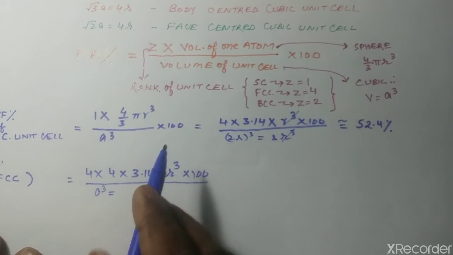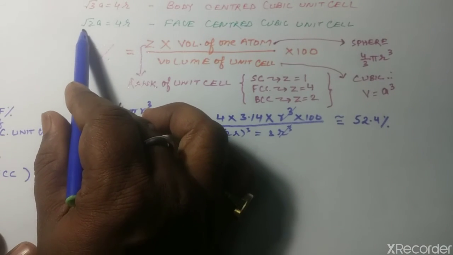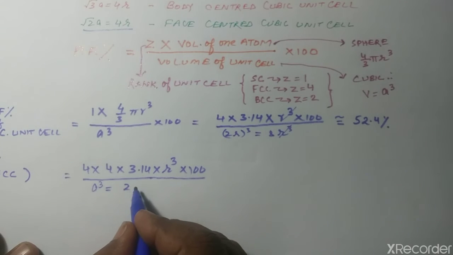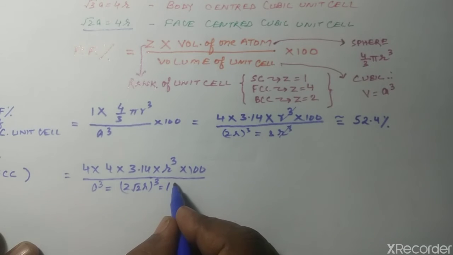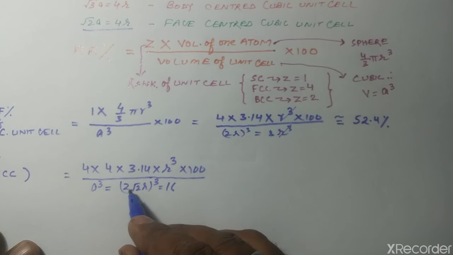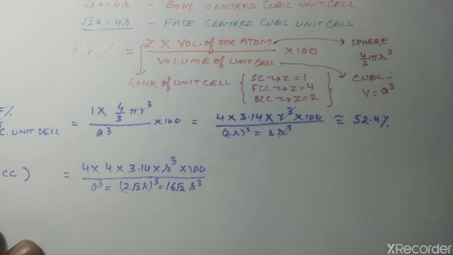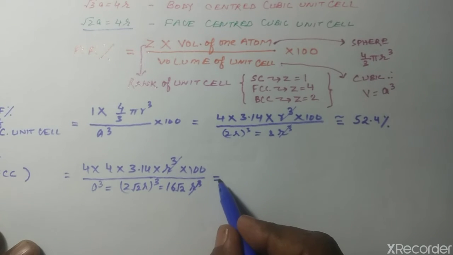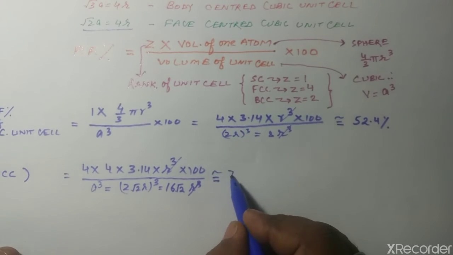A cube, from here you can find out a is equal to 2 root 2 r, so a cube is 16 root 2 r cube. r cube cancel. Put the value here and for FCC you get 74%.